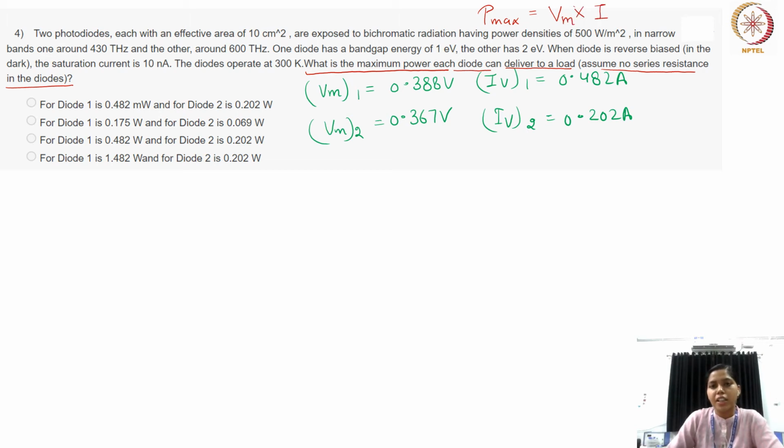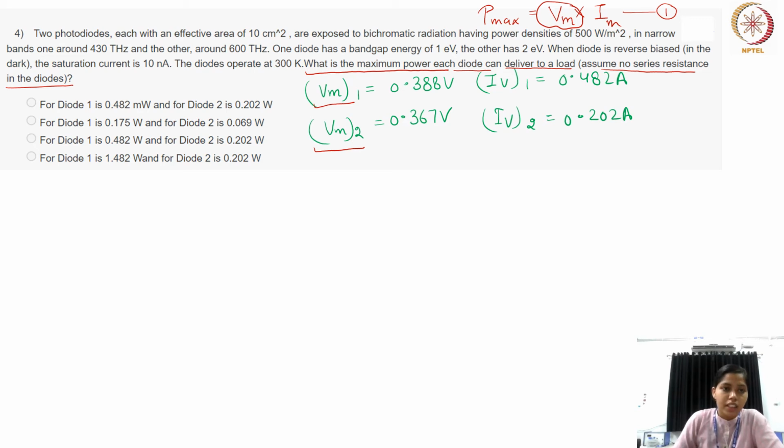We have already obtained the value of Vm, the maximum power voltage point for both diodes, Vm1 and Vm2, but we do not yet have the value of Im. So first we will calculate the value of Im, and then we will put the values of Vm and Im in this expression, call it equation number 1.